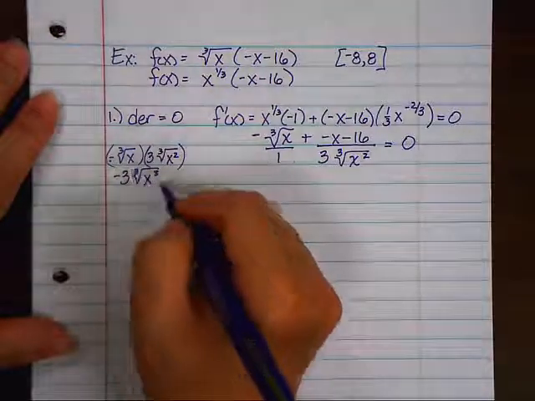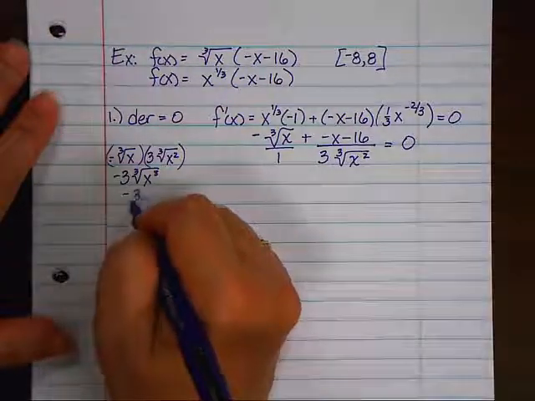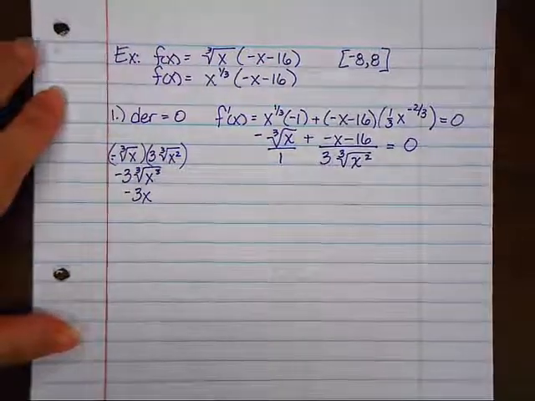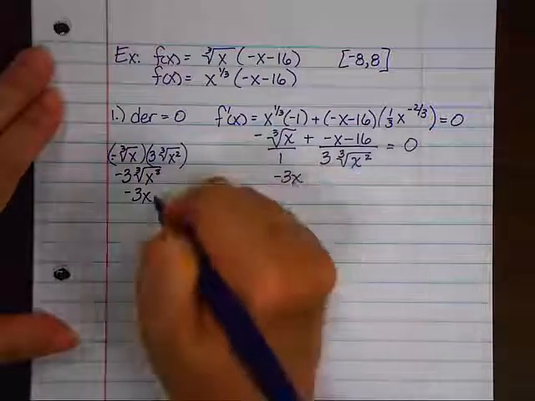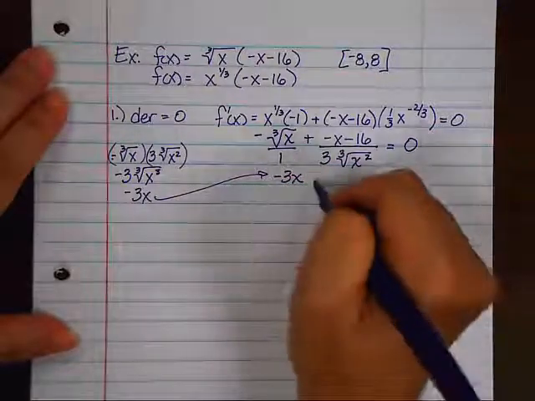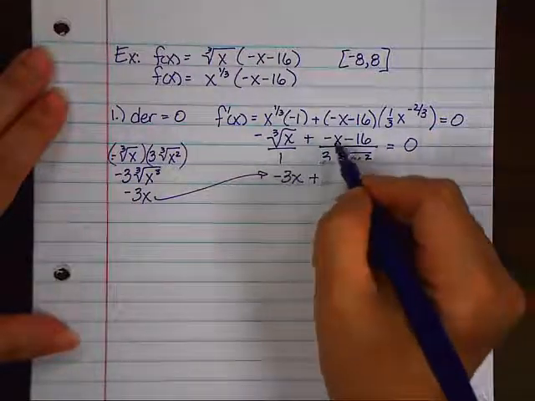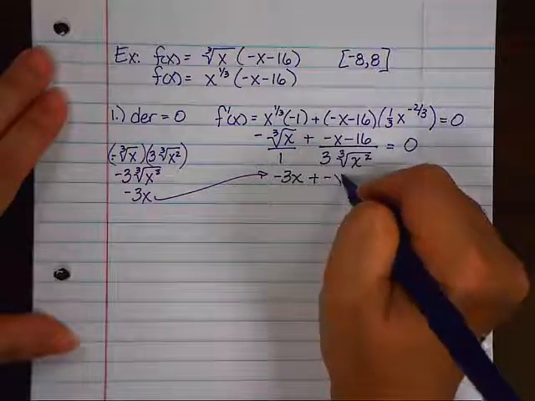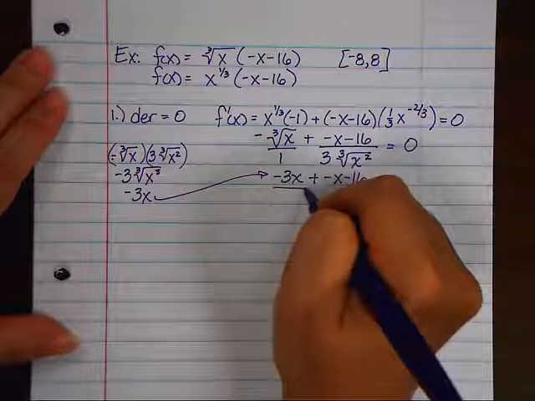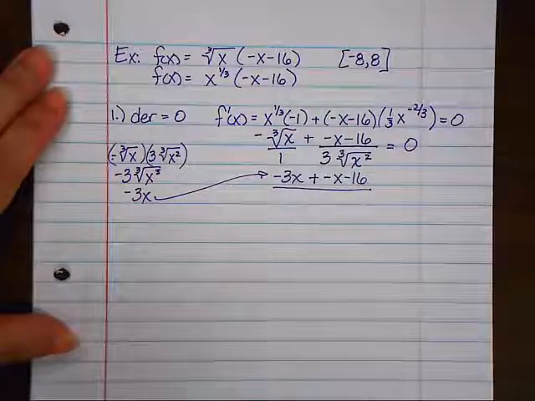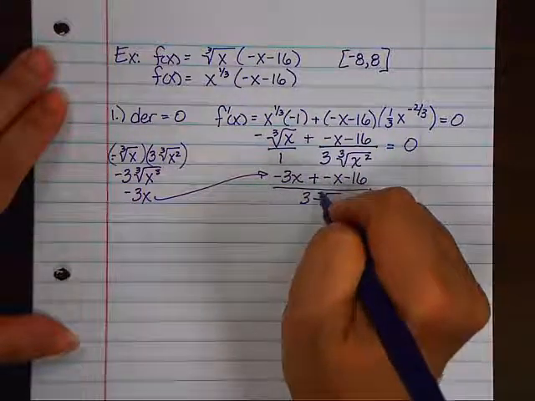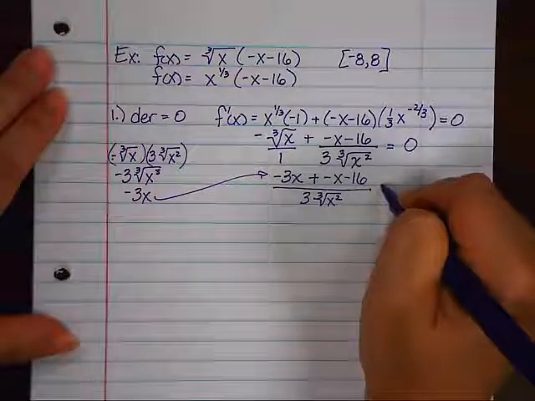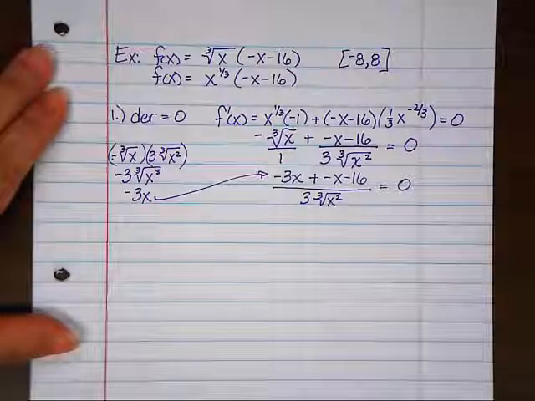And what does the cube root of x to the third equal? X. Oh, no more radicals, thank you. So this times this is negative 3x, that goes there, plus 1 times the negative x minus 16 is negative x minus 16 over the denominators multiplied together, which would be 3 cube roots of x squared equals 0.